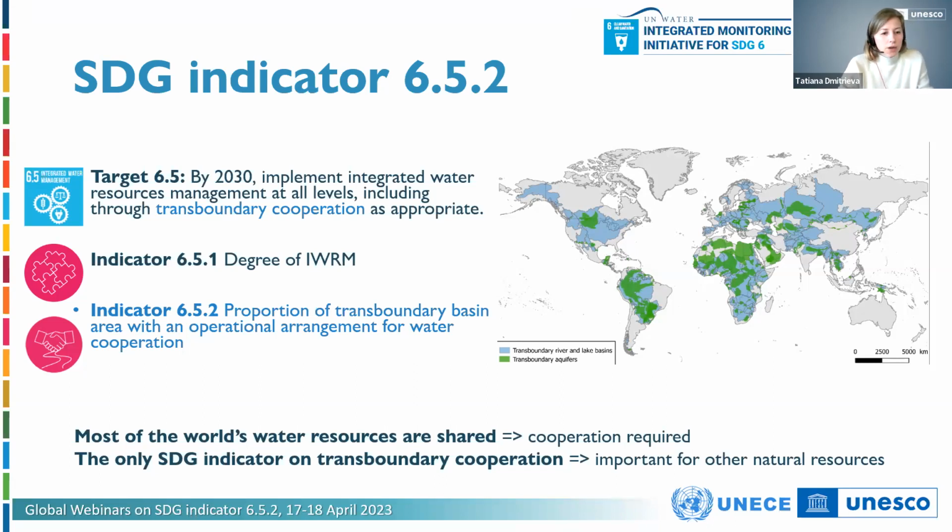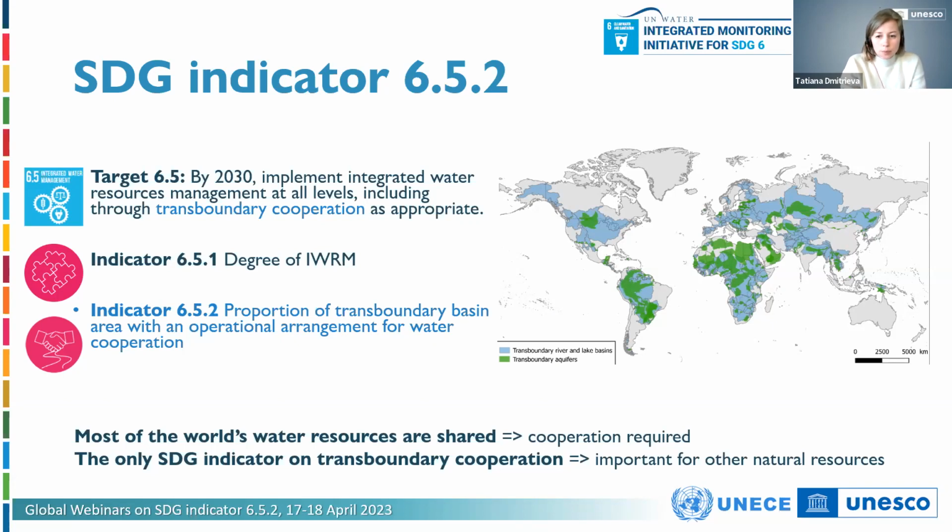Indicators 6.5.1 and 6.5.2 are complementary. For this reason, we encourage, where possible, close cooperation between the focal points of 6.5.1 and 6.5.2 when reporting, to coordinate the reporting processes as far as possible. For instance, 6.5.2 can provide inputs to questions related to transboundary aspects in the 6.5.1 survey.